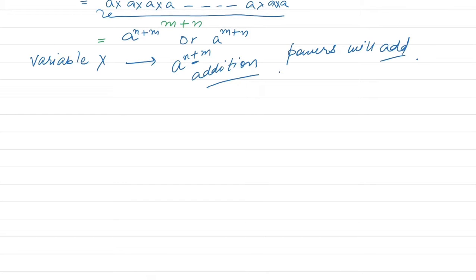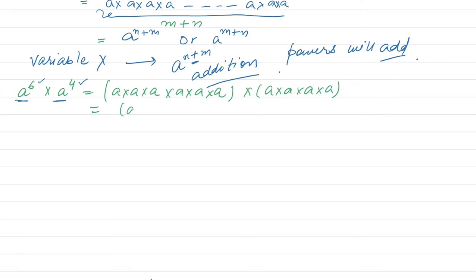Now let's do a few questions related to that. Suppose it's a to the power 6 times a to the power 4. Now we can see this is times, a is the variable, and 6 and 4 are the powers. We just need to write 6 times a, which is a times a times a times a times a times a, put in brackets, times 4 times we need to write a.